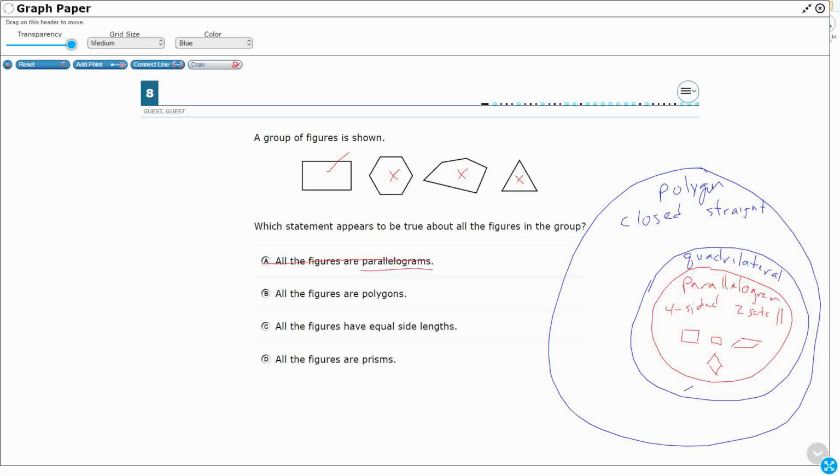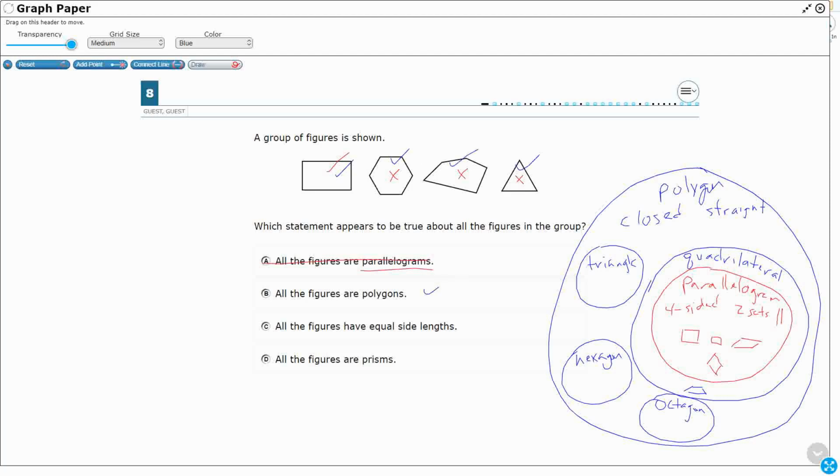You can have trapezoids out here that are not parallelograms. But then you've got triangles, three-sided shapes that are closed, straight sides, right? Then you've got hexagons, six-sided shapes, right? You've got octagons, you've got all of these different shapes that don't necessarily overlap, but they're all a polygon. So do we have closed shape with straight sides? Yes, yes, yes, and yes.